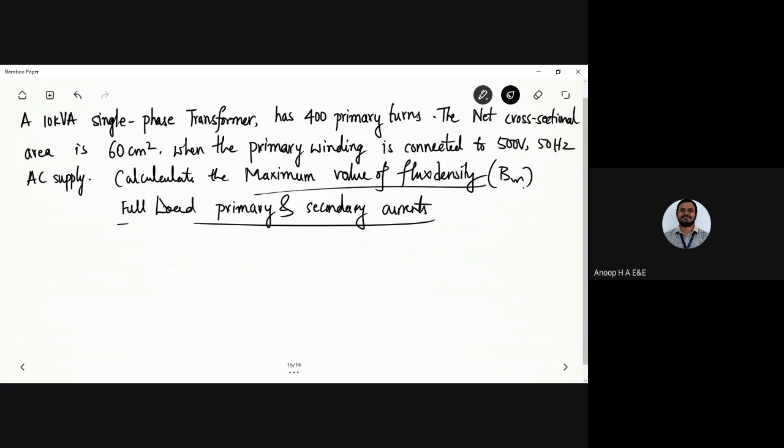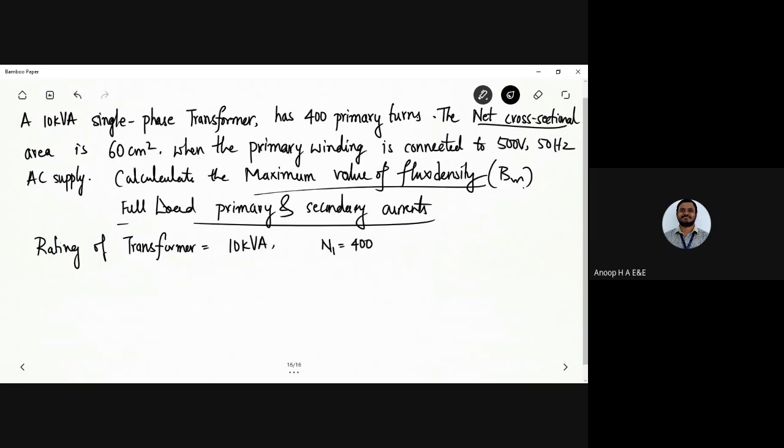What is the rating of the transformer? That is 10 kVA, and it has 400 primary turns.